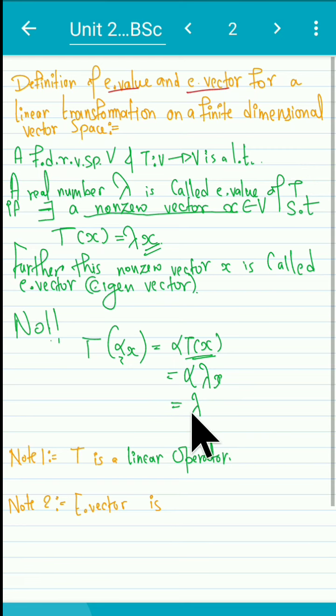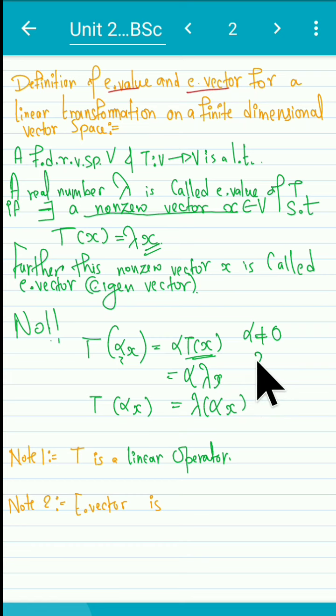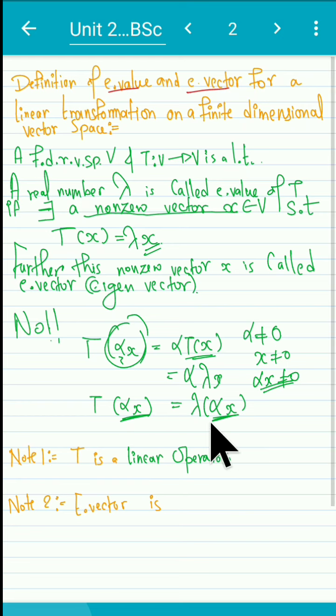So this is the same as lambda times alpha x, correct? If I consider alpha not equal to 0, and already we had x not equal to 0, therefore alpha x is also not equal to 0. Means T is sending a non-zero vector to lambda times that vector, which is nothing but an eigenvector for the eigenvalue lambda.